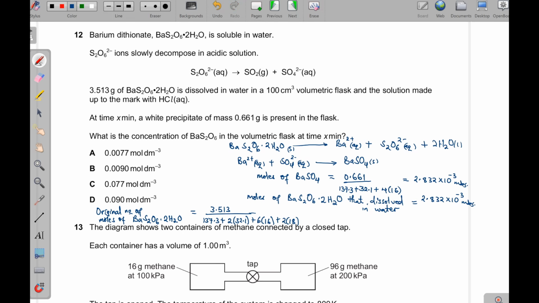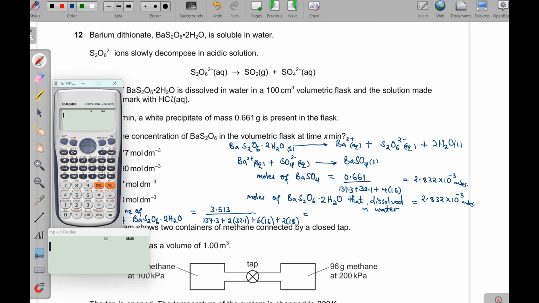So this one is going to give us what? 3.513, then we divide by 137.3 plus 2 times 32.1 plus 6 times 16 plus 2 times 18. Then this one will give us 0.010533.